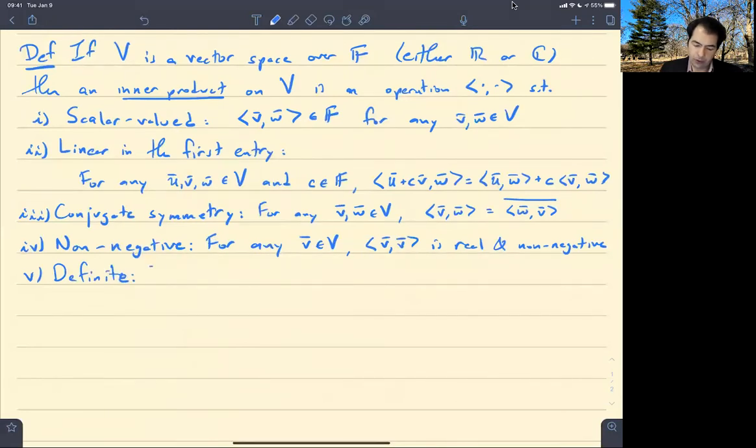Right? So what definite means is that if you take a vector inner product with itself and you get 0, then the vector itself was 0. Okay, so that's the definition.